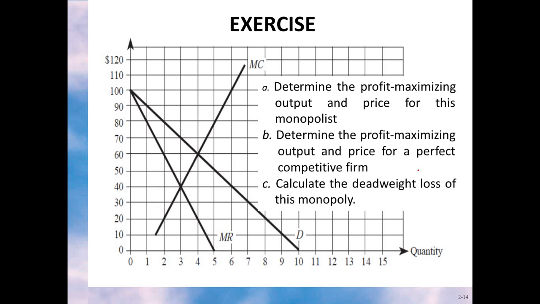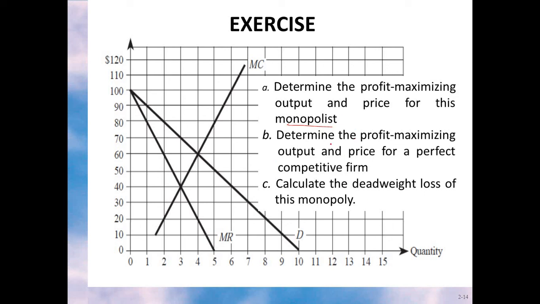So this is another exercise: determine the profit maximizing output and price for this monopoly. When we see monopoly, this can also be monopolistic competition because the graph is the same.